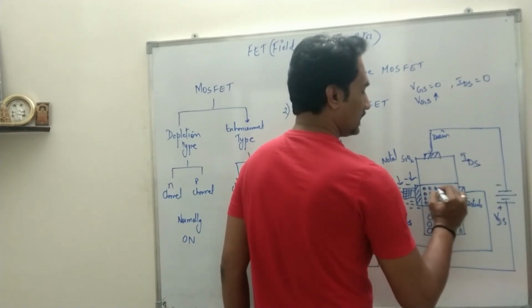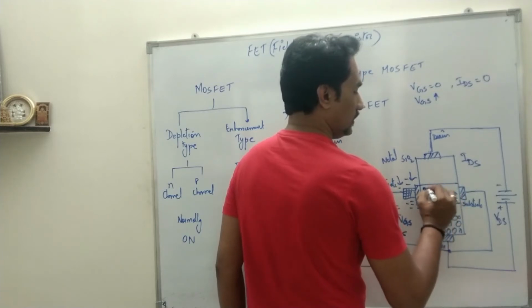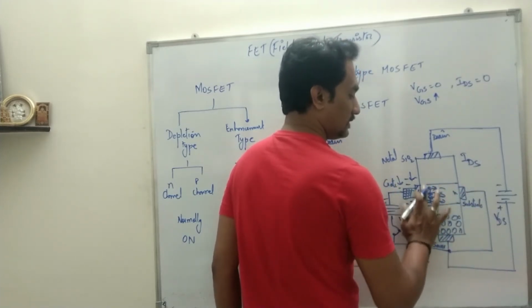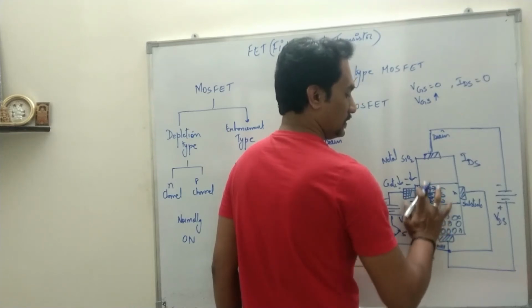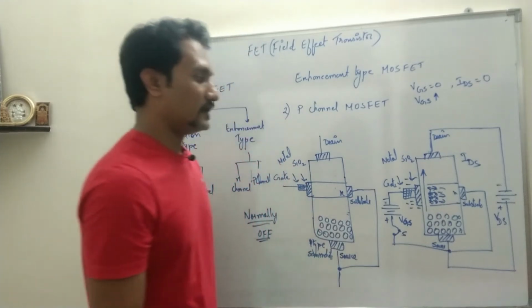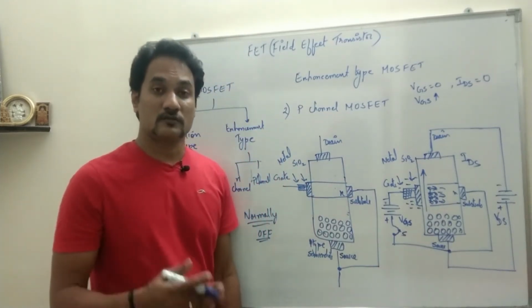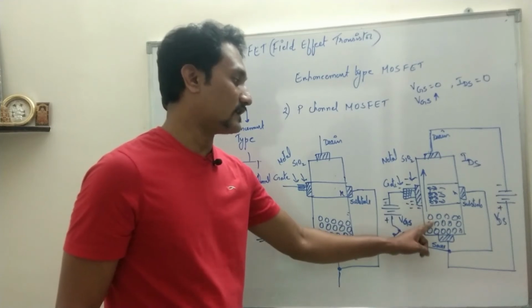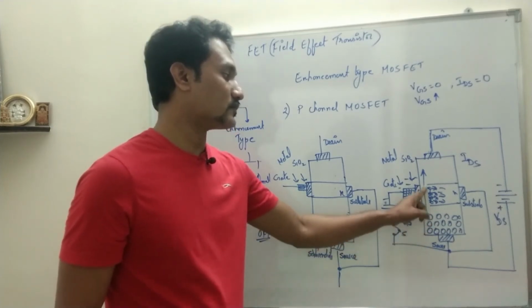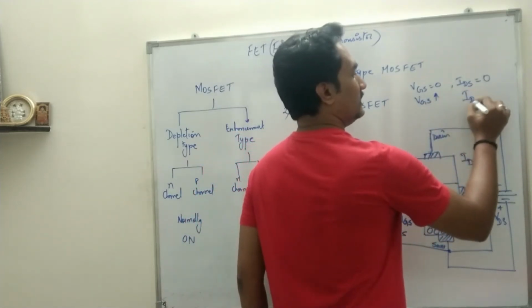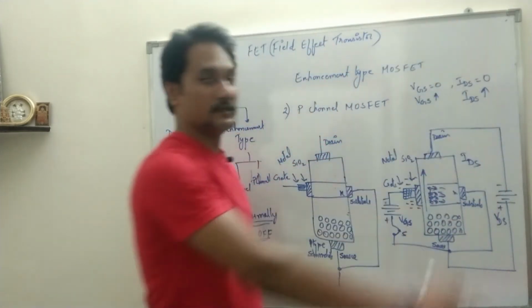So all these electrons will move towards the substrate. That means there will be a channel which will be formed. There will be a channel now start creating, okay, so that this charge carrier will be moving from source to drain. So when VGS is increased, IDS also increases.